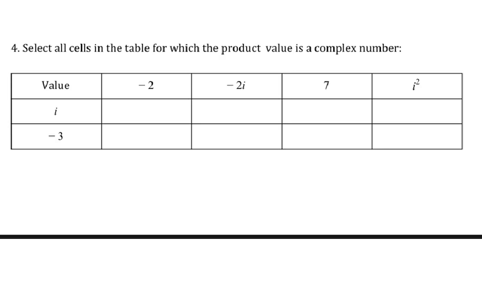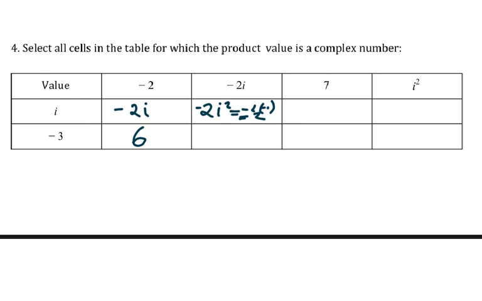Okay, go ahead. So I have negative 2 times i is negative 2i. Negative 2 times negative 3 is just 6. Negative 2i times i will give me negative 2i squared, which will turn into negative 2 times negative 1, and that is equal to just 2.